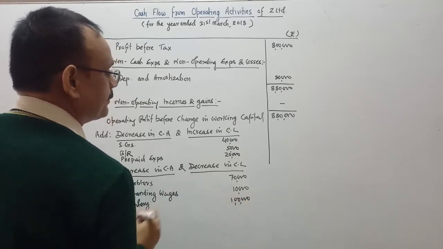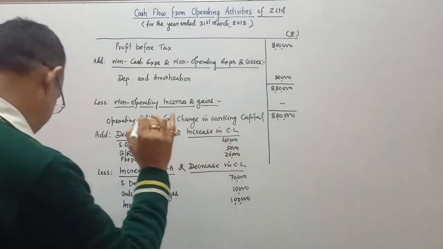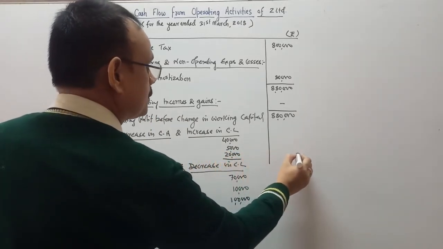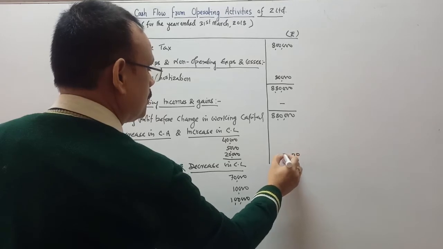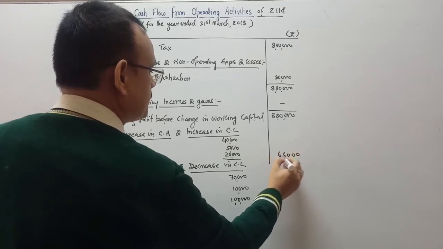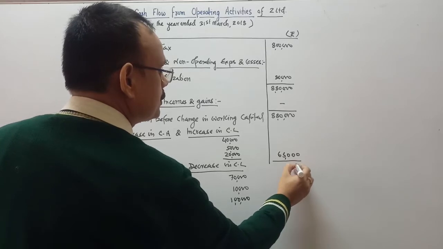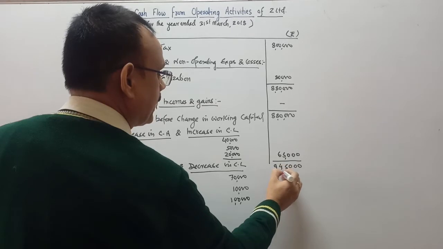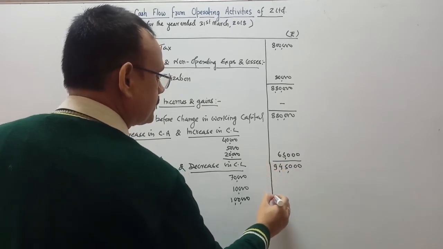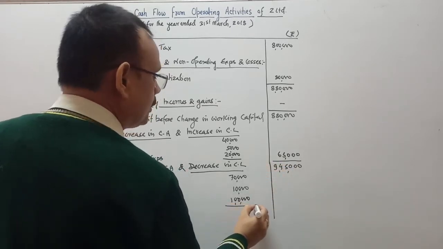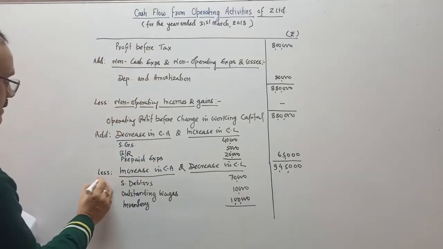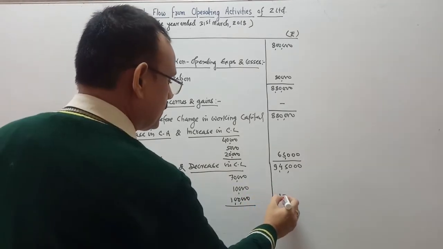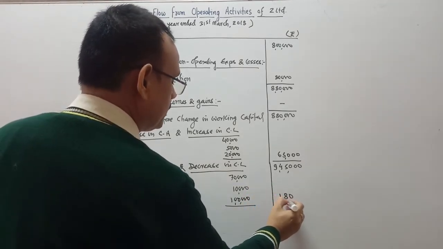So is it completed? Now we will add this in this amount: 65,000 we will add it, so 9,45,000. And this we will deduct because it is less: 1,80,000 we will deduct.